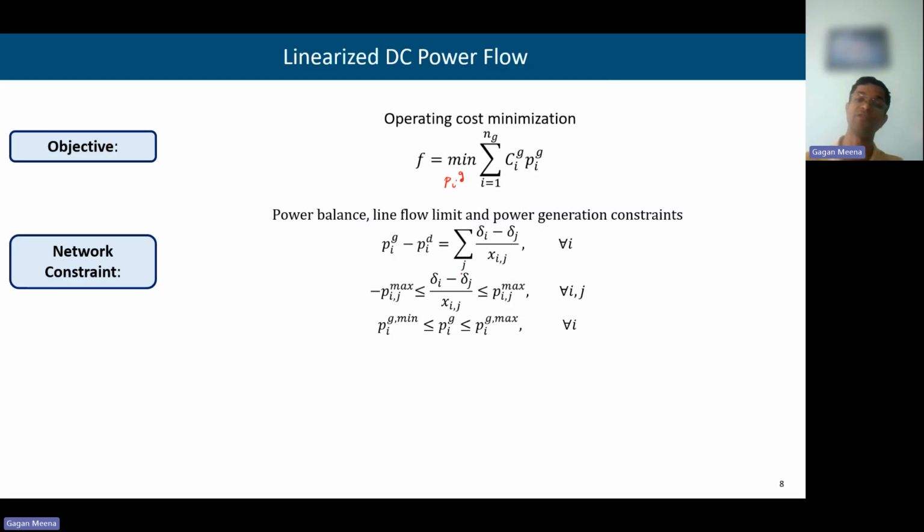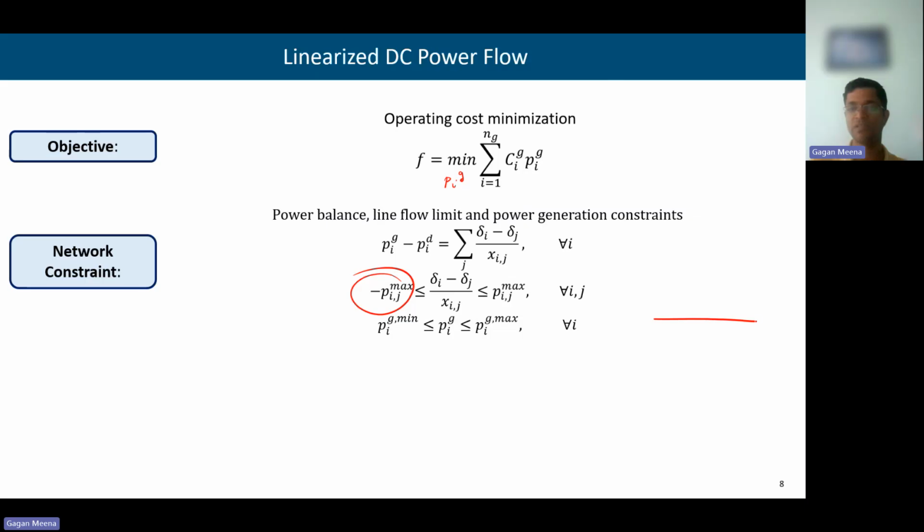If this is node i and this is node j, and we have assumed current flows in this direction, then (delta_i minus delta_j) upon X_ij is the line flow between bus i and j, and that has to be between the minimum and maximum limit. Minimum is the maximum in the opposite direction.